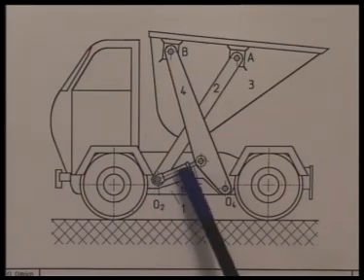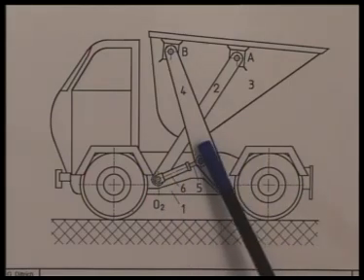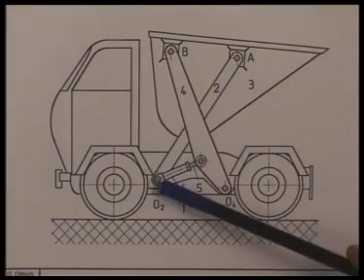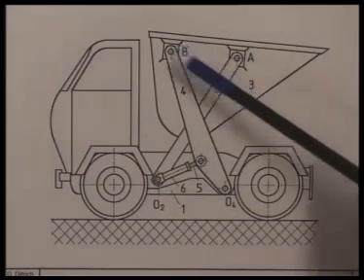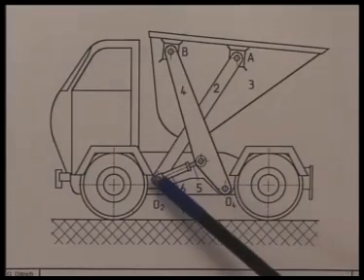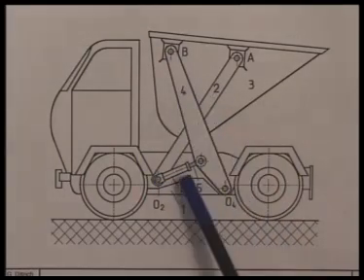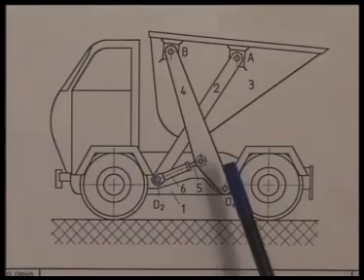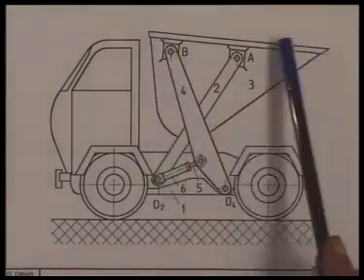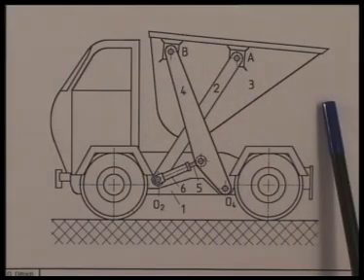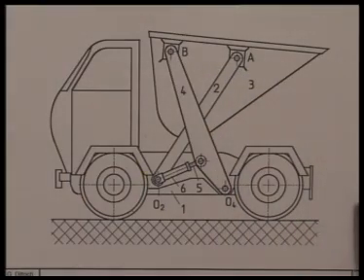So as this cylinder expands, link 4 turns clockwise, and here we have a 4R linkage, namely O2 A B O4. This 4R linkage is driven by moving link 4 by this hydraulic cylinder, and as a result this dumping bin goes from this configuration to some other configuration and the final dumping configuration.